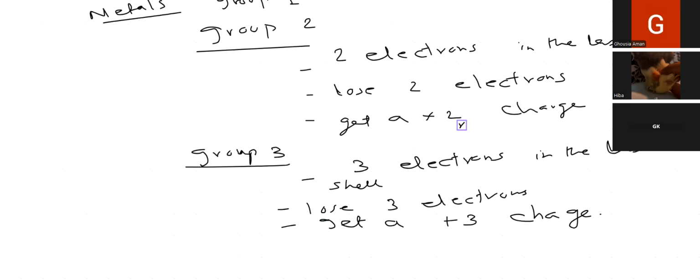Now, non-metals. So who are non-metals? Those who are in group number 5, 6, and 7. Those in group number 5 have 5 electrons in the last shell.